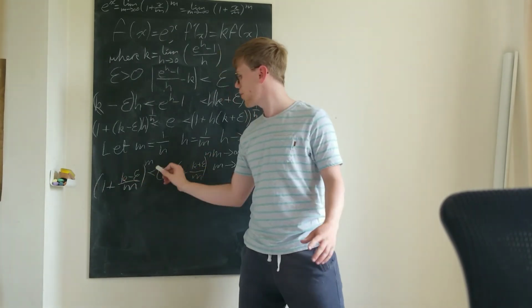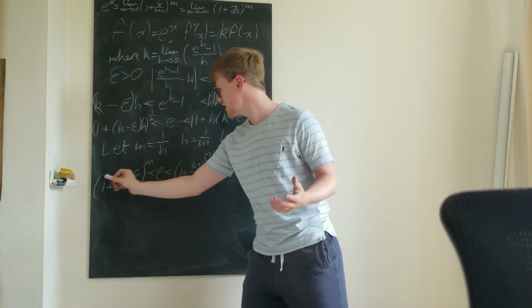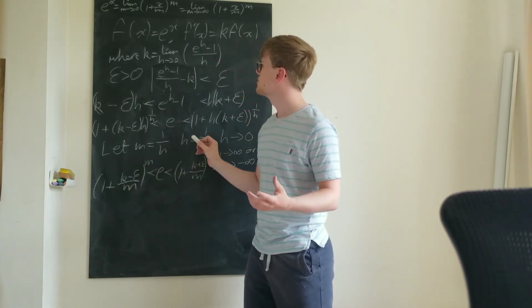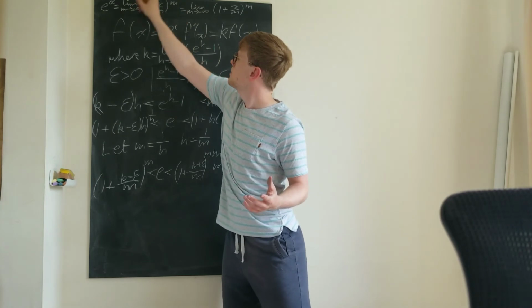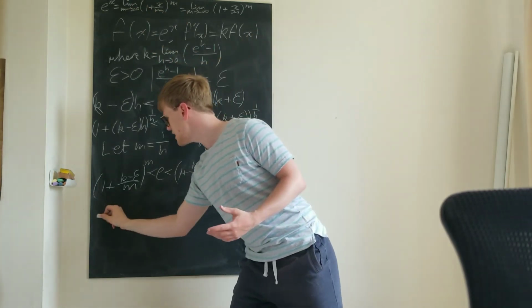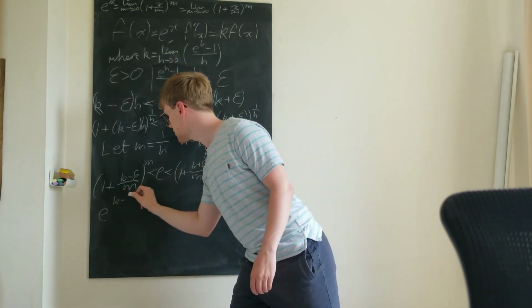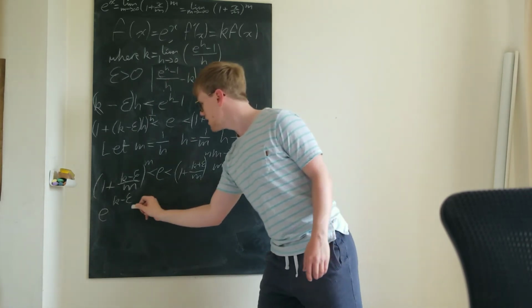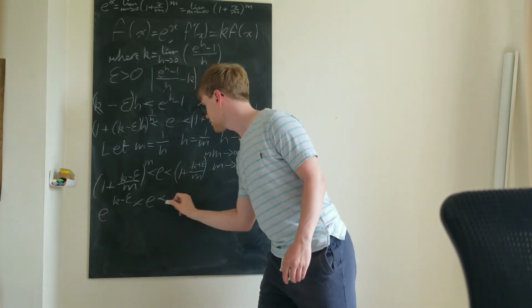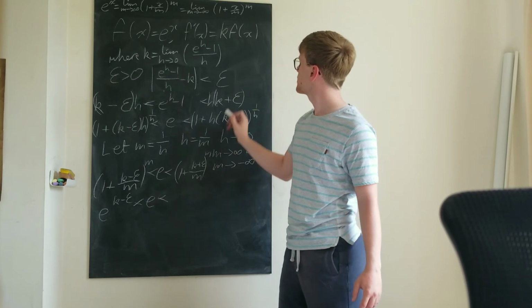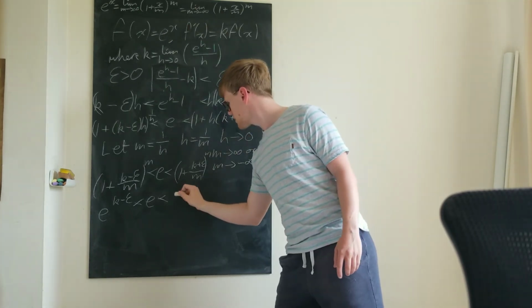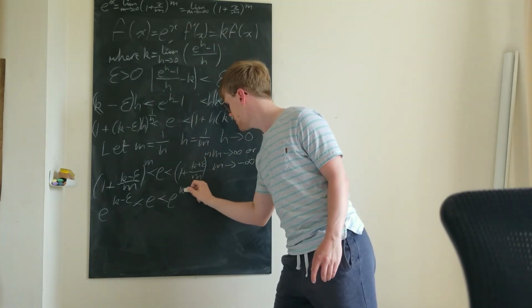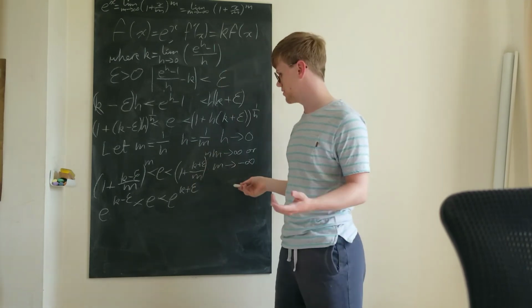So letting m approach positive or negative infinity on this side gives us, well, by this work we did earlier, e^(k - epsilon) is less than e is less than, this side would become e^(k + epsilon). And so this is for any epsilon greater than 0.